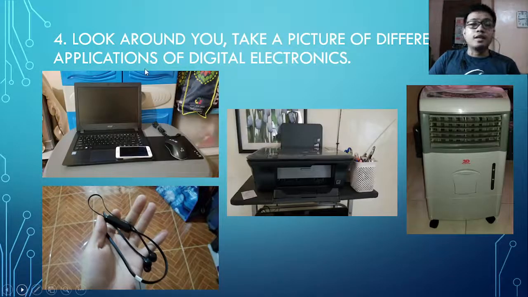The fourth and last task was to look around and take pictures of different applications of digital electronics. As you can see, digital electronics is really everywhere, in every corner of your house.